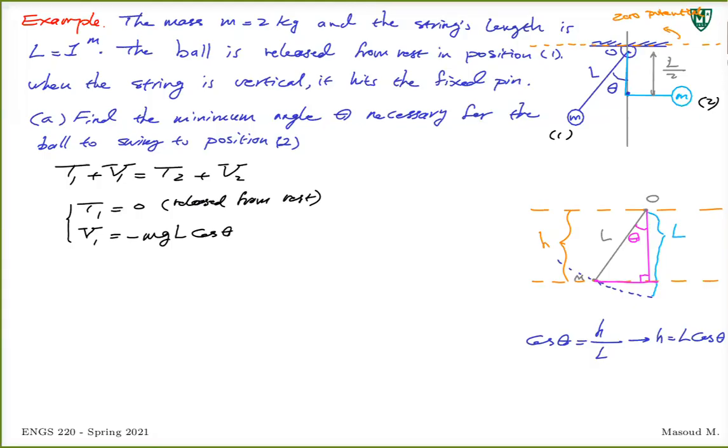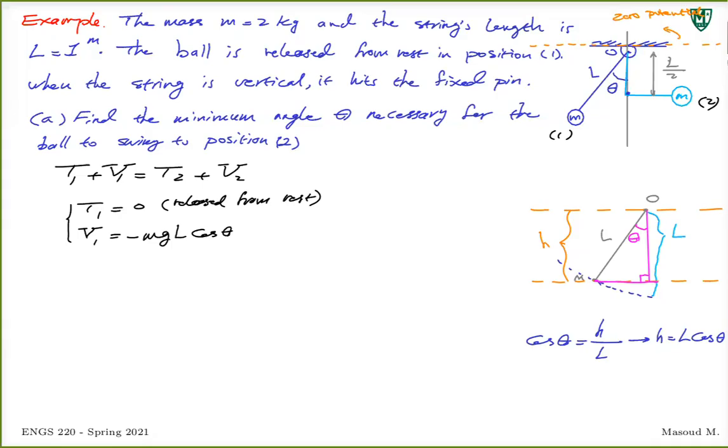I'm going to give you a second to look at this. L was the length of the thread. The mass is swinging. Now, what I'm looking for is H, not L, right? How far am I from the zero potential line when I'm in position 1? All I care about is position 1 at this moment, writing this side of the equation. How can I find H from what I know, L and theta?